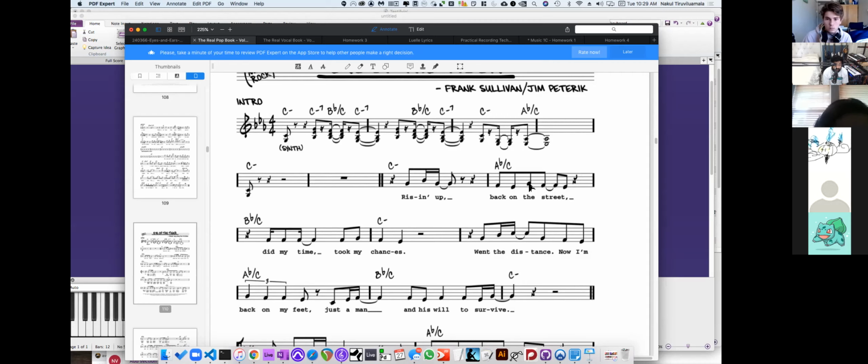It doesn't, but it does fit into an A flat major 7 chord. So from an analysis perspective, you could call this a chord tone, but you could put an X on it or an E to say it's an extension of the chord tone or something.